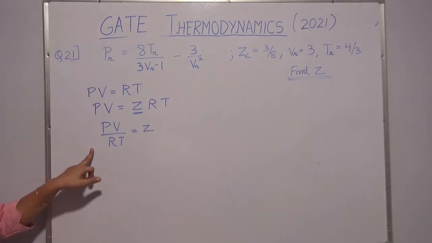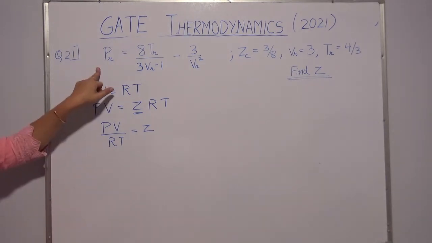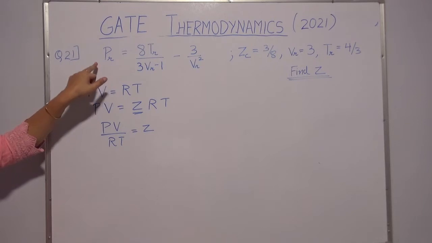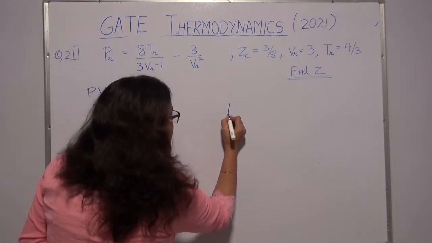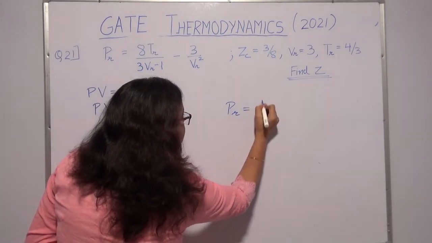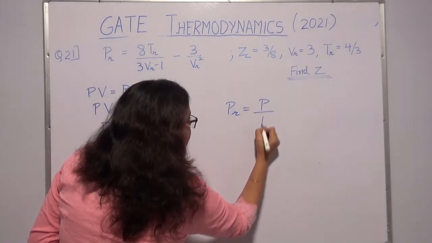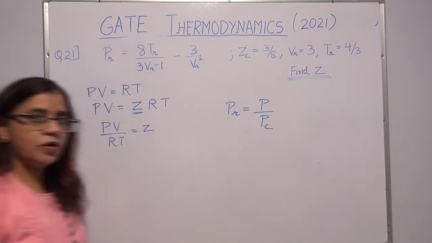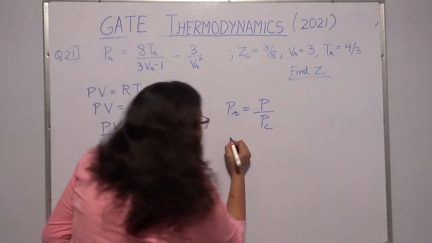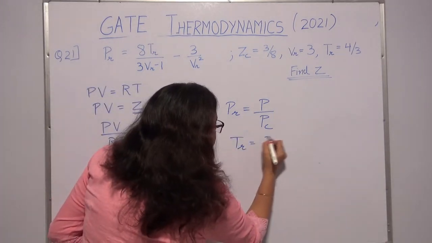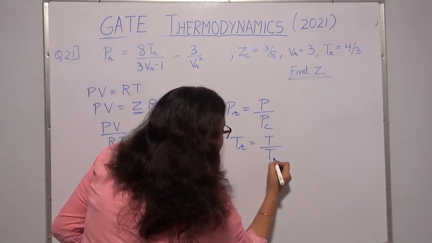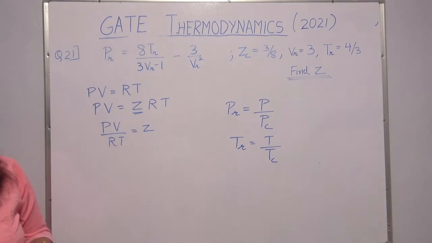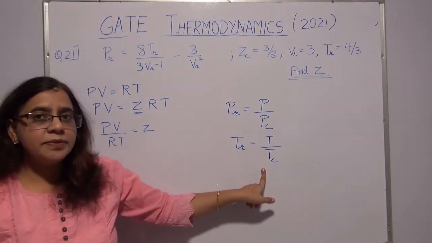Now let's see how reduced properties are defined. Reduced pressure is the pressure at some point divided by the critical pressure. Similarly, T_R is defined as the temperature at the same point divided by the temperature at the critical point. What are critical pressure and critical temperature?